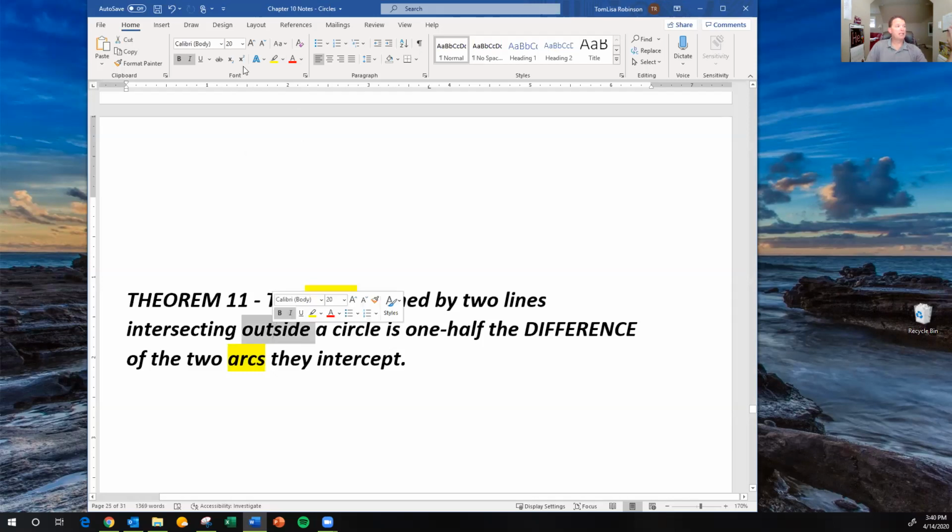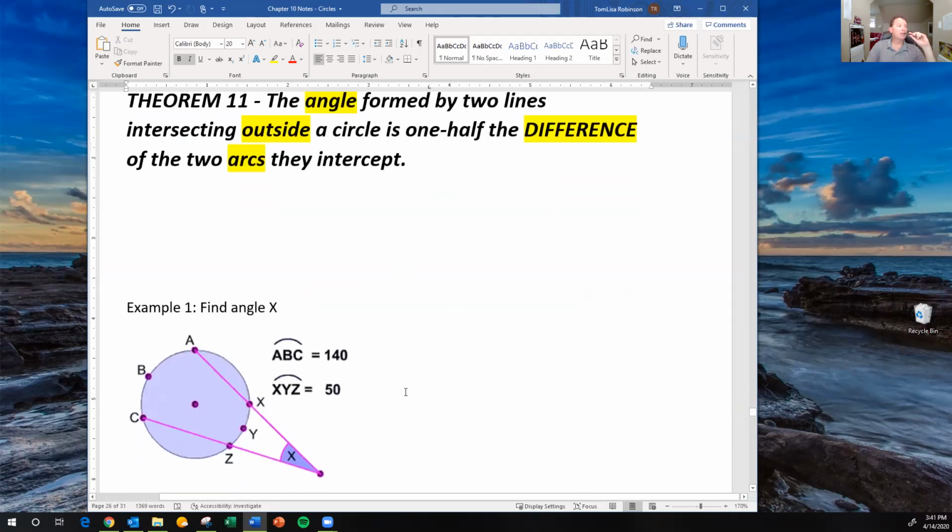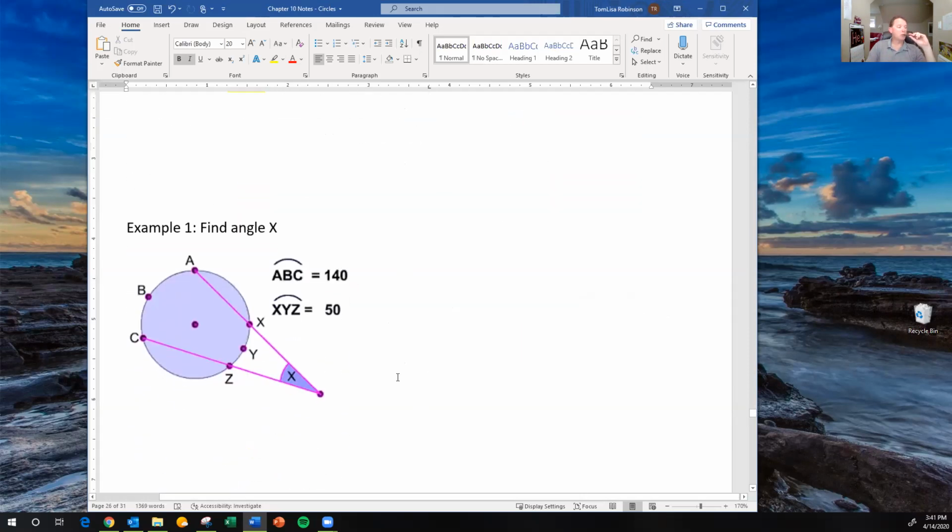We have two lines intersecting outside a circle, but this time the measure of the angle is 1/2 the difference of the two arcs. When they're inside, you add the two arcs and divide by 2. When they're outside, you subtract the two arcs, obviously bigger minus smaller, and then you cut that in half. So let's take a look at a couple of these examples and see how this works.